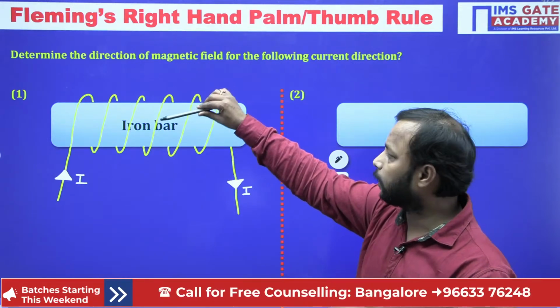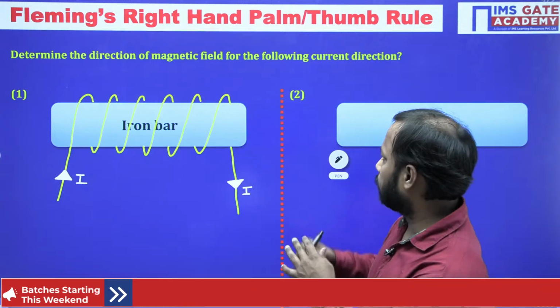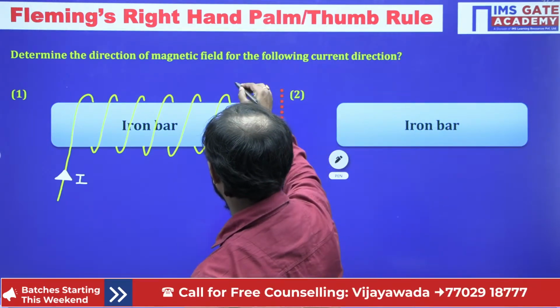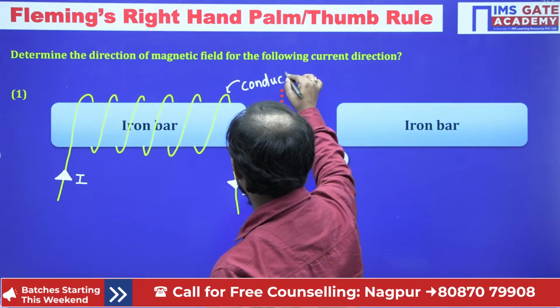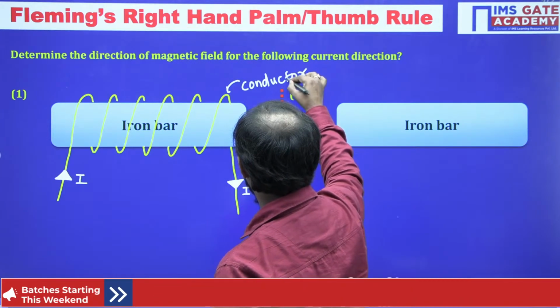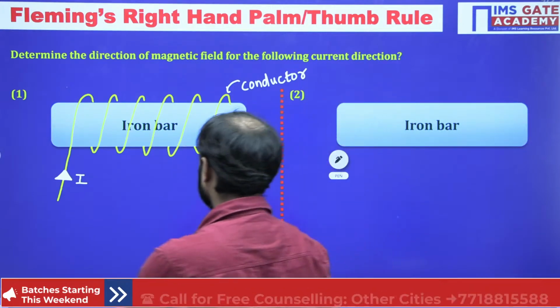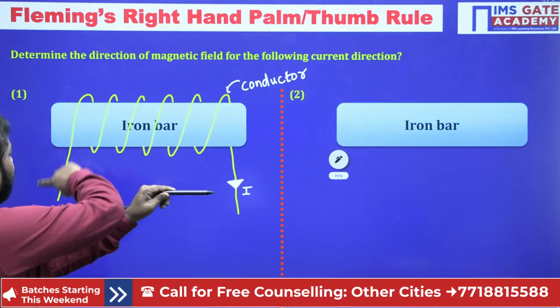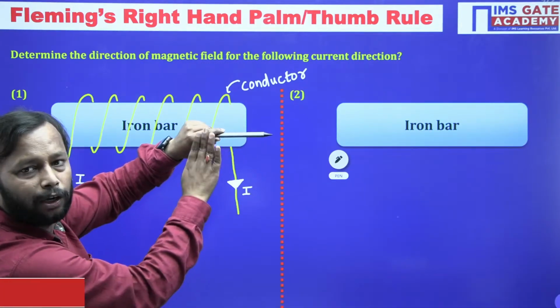So basically, let us assume that this pen is your iron bar, and this is the conductor. The first part of the conductor is visible to you.